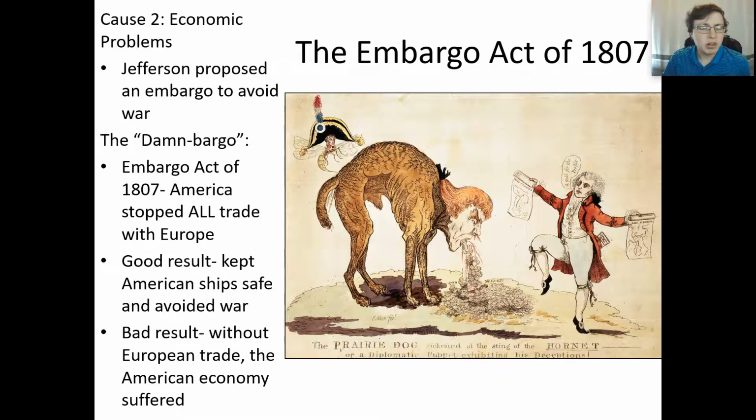It had good results and bad results. The good results were that we avoided war, American ships were safe, and impressment numbers would go down. The bad result, though, is that without trade to Europe, our economy is going to absolutely suffer, and it's going to be enough that we end up thinking that we cannot keep this going on.